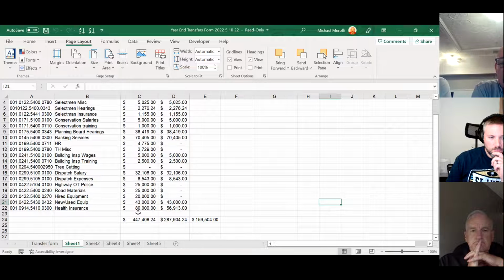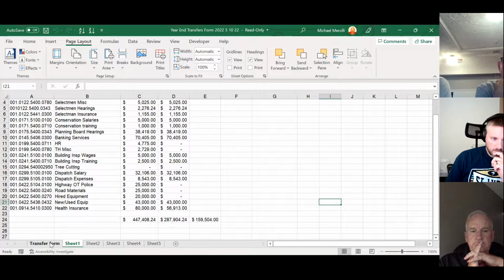And column D is how much we want to take from each one of these to cover the shortages in the other parts of the department budgets. And then 159,504 is what's left in all of these particular accounts that all had surpluses in them at that time in the year.